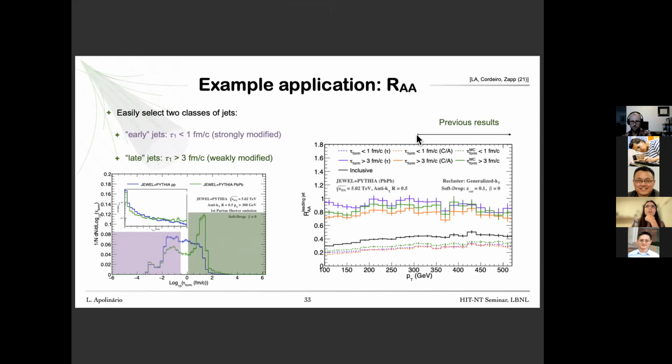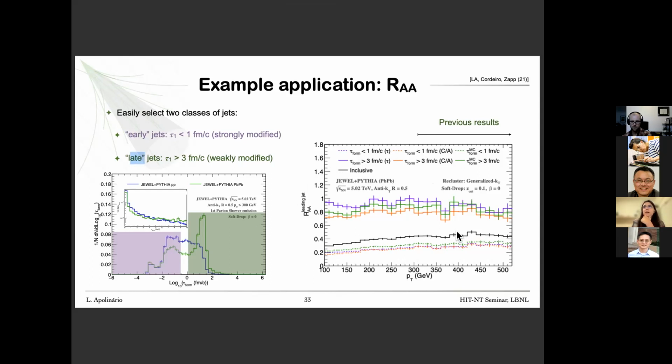Of course, all the results that I used were tested for Z plus jets, but with pT above 300. Here we are extrapolating to lower and lower momentum, but the resolution, of course, will deteriorate with smaller transverse momentum. As you can see here, solid is what we identify as being weakly modified, which is the late jets, and dashed the early jets.